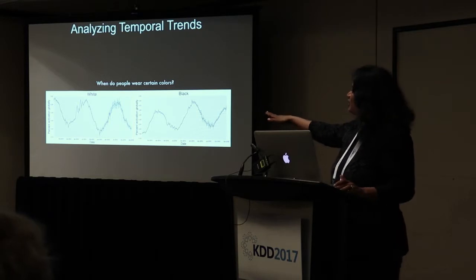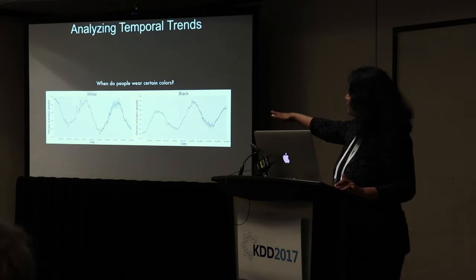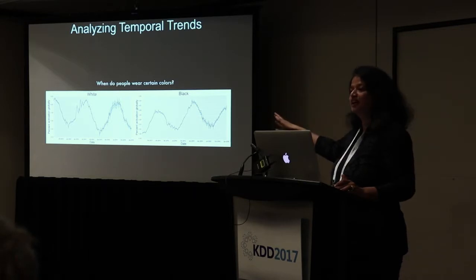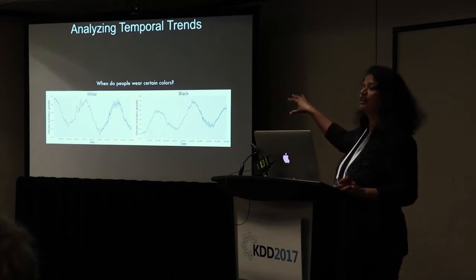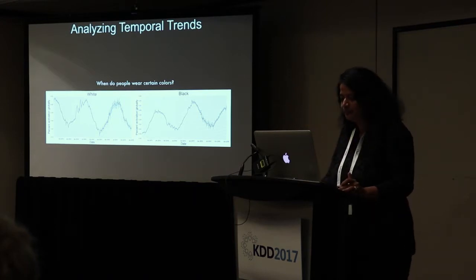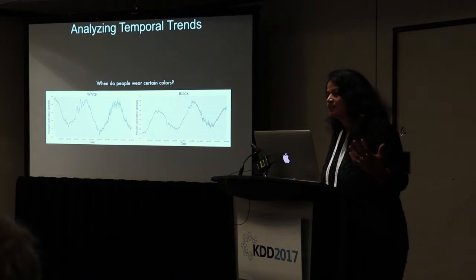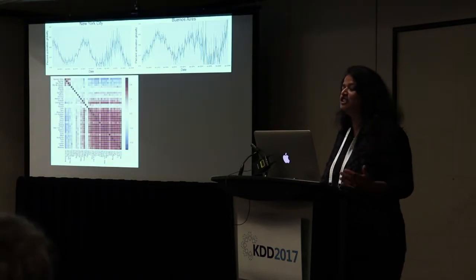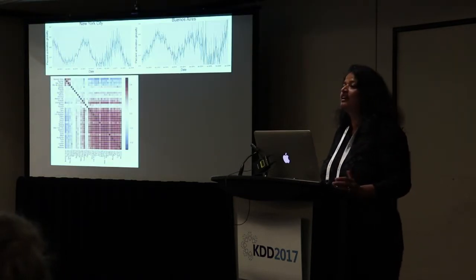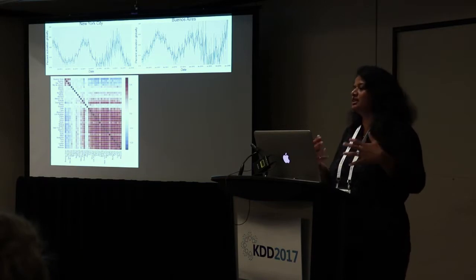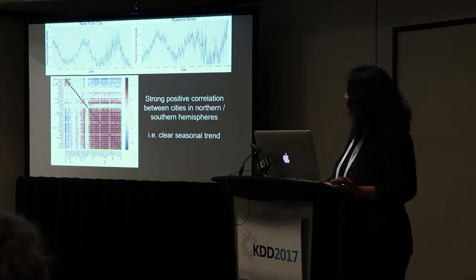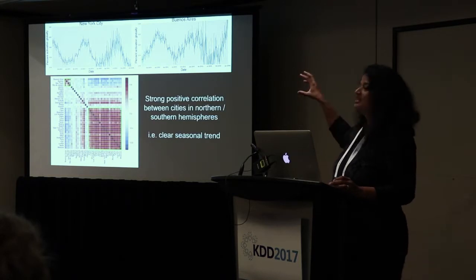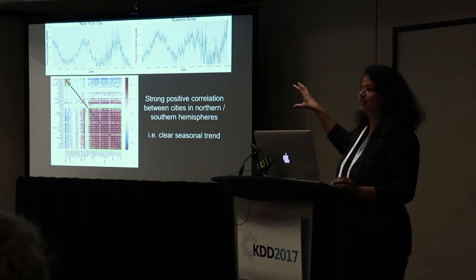In July, etc., there's a lot of white, and it starts dipping down, and from October till January, etc., people don't wear that much white, and then they ramp up again during the summer months. So there's a very clear seasonal trend, and black is the opposite of that. Of course, the US is in the northern hemisphere, so you can split that out across different cities, including cities in different hemispheres, and if you look at the correlation matrix down there, sure enough, all the southern hemisphere cities are highly correlated with each other.